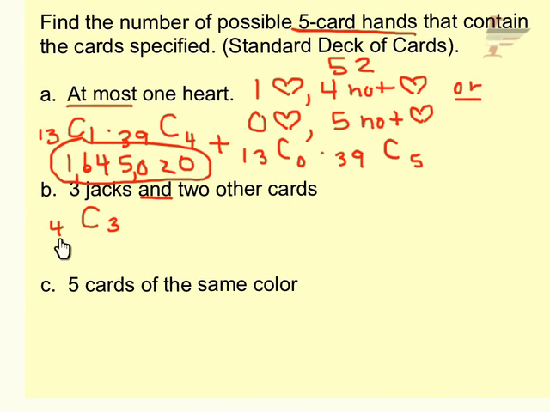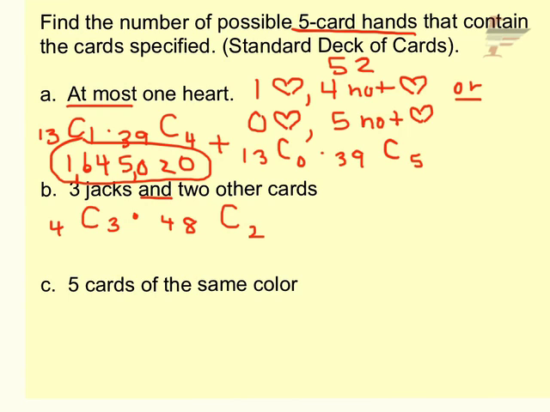If I have 4 jacks and 52 cards, 52 minus 4 is 48. So I have 48 other cards, and I have a 5-card hand, right? So if 3 of them are jacks, that means the other 2 are not jacks. Then I'm going to multiply these because I want exactly 3 jacks and 2 other cards. There's not an at most or up to or at least situation about this.